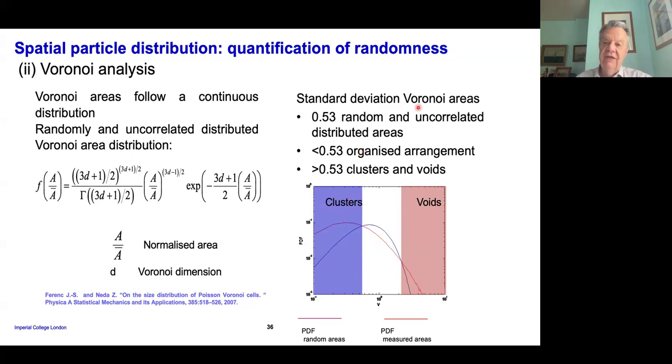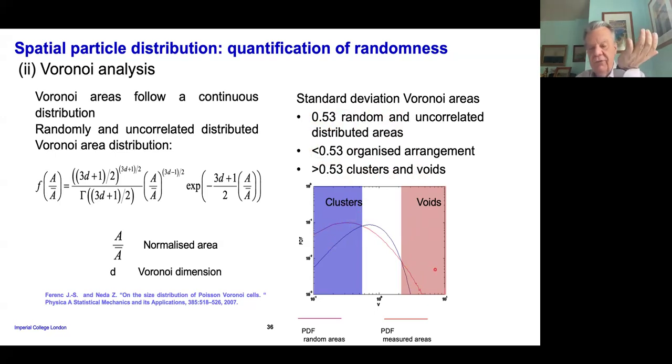The standard deviation of the areas when you have a random distribution is 0.53, which is important. If the standard deviation of, say, the red distribution is lower than 0.53 or higher than 0.53, you have some organized arrangement and you have clusters and voids, depending on how this distribution is.